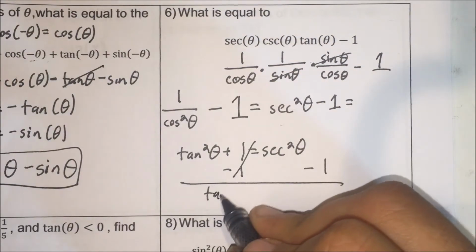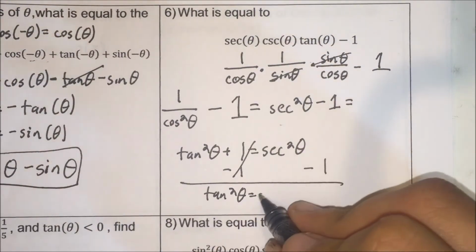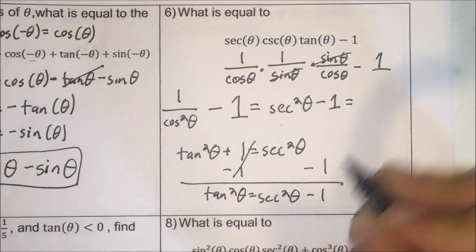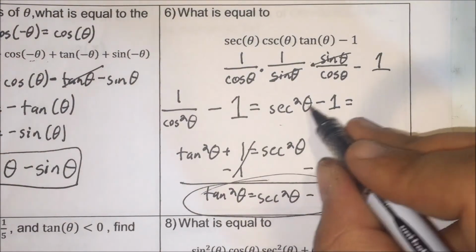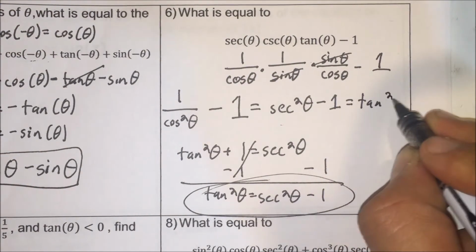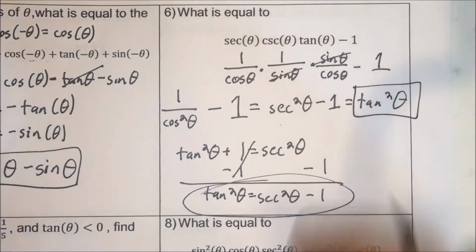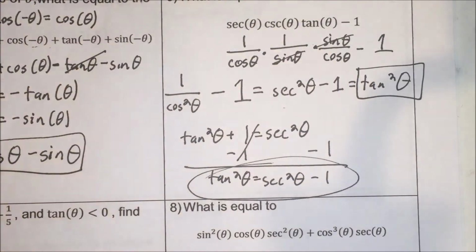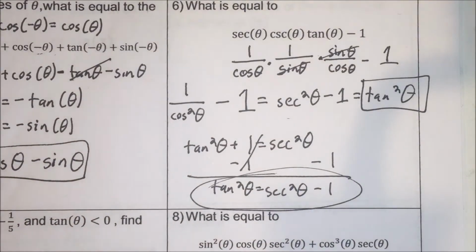That gives us that tangent squared is equal to secant squared minus 1. That basically means this will turn into tangent squared here. So all of this stuff up here turned out to be just tangent squared in disguise.